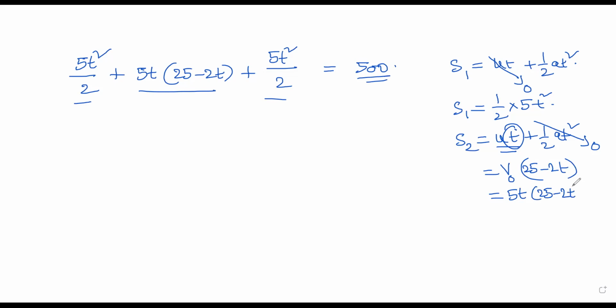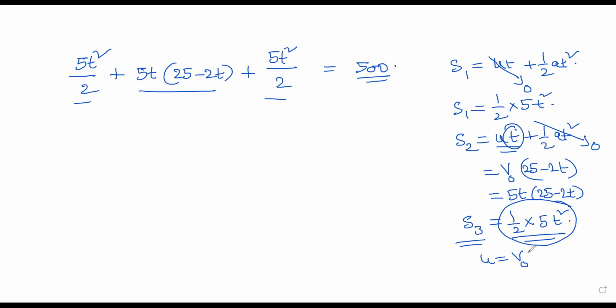Like this you can do that. And S3 is again half into 5t square. The same way, S equal to ut plus half at square, you can use that to get this. In this case the u happens to be v naught, so that substitution you need to give.